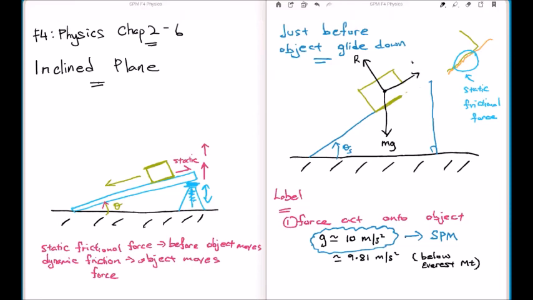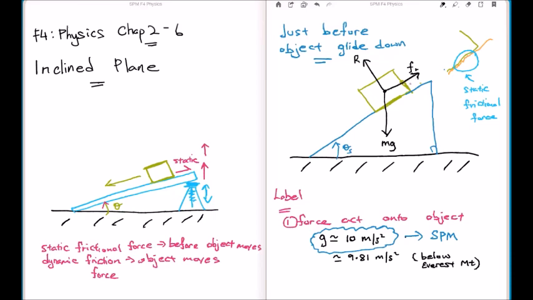This is my frictional force, maybe Fr. This is my box, and this is the inclined plane. Those are the common forces that you know.